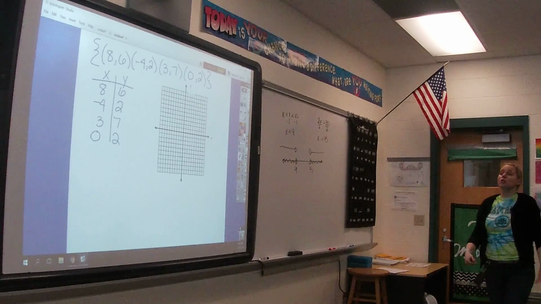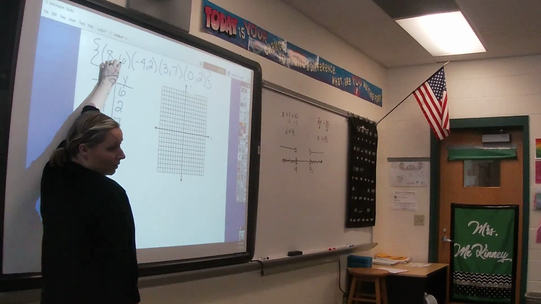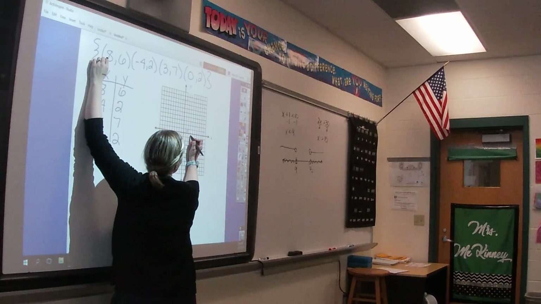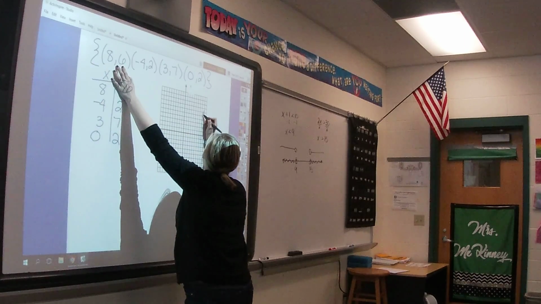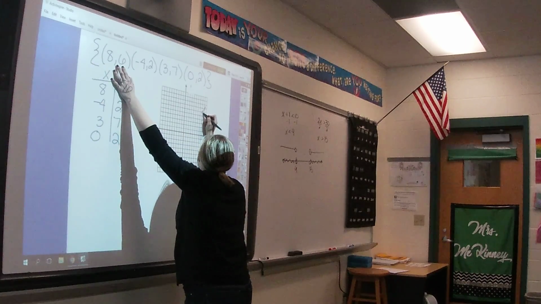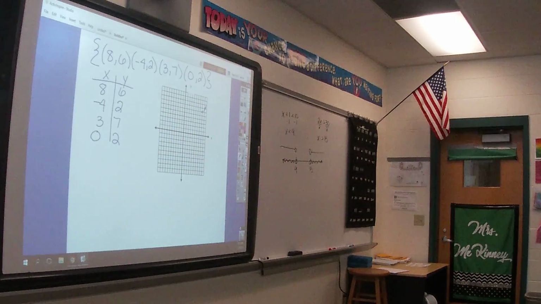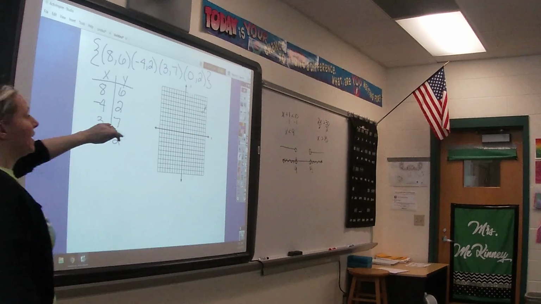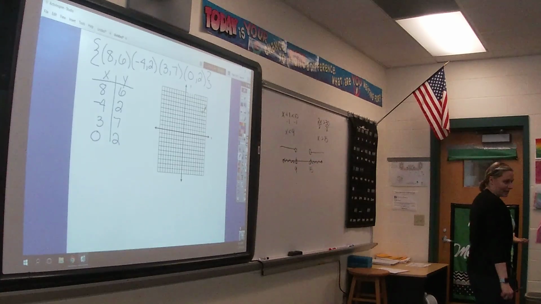So if I want to plot the point 8, 6, this says go on my x-axis to 8, and then go on my y-axis to 6. Make a point. In reverse, you should be able to be given this point and name it.